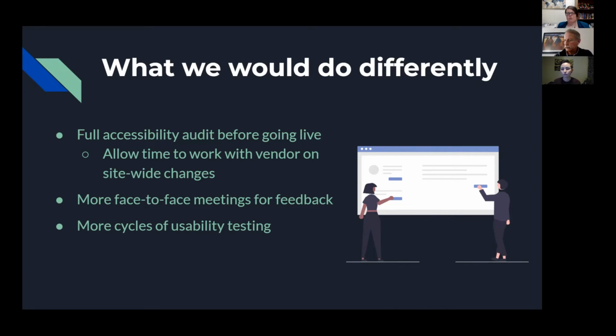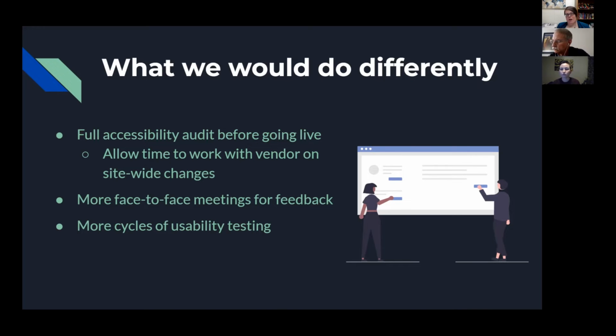Ideally we would want to spend at least a year doing that so we can have a chance to do some more iterative changes. Because now that we are live, we're still doing some work on improving some of the stuff we didn't have time to do.